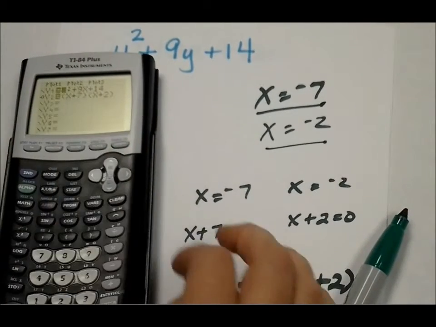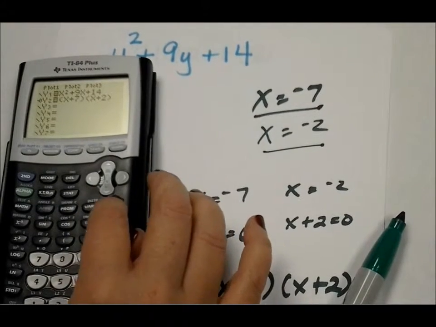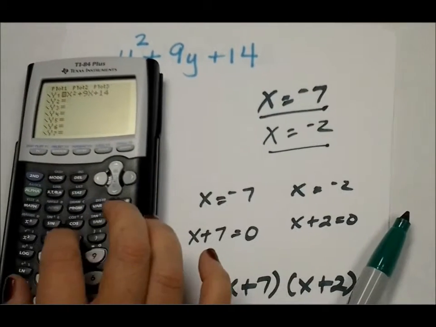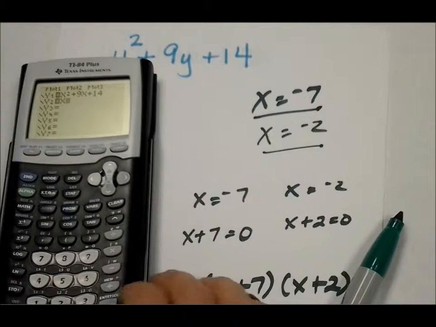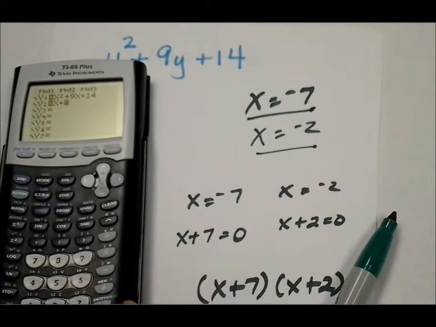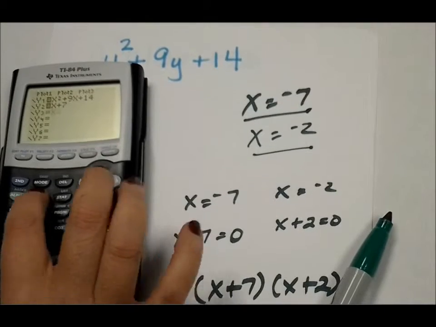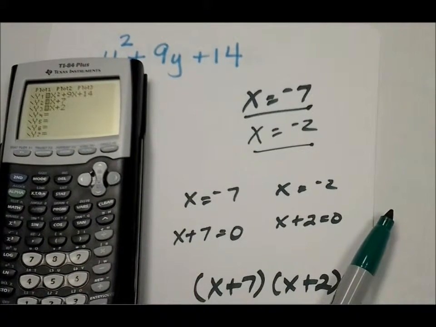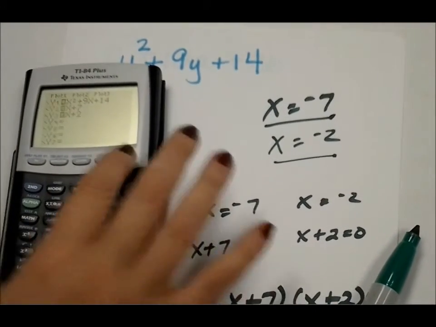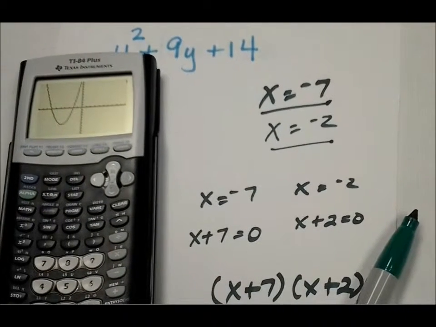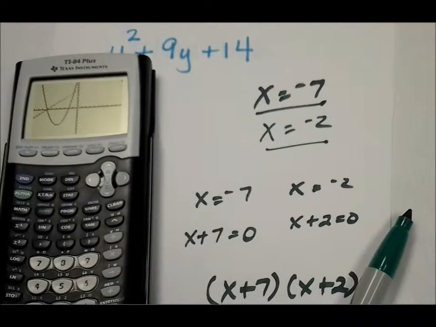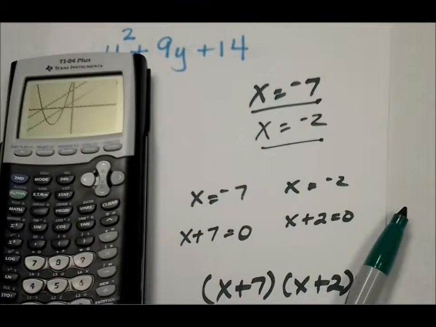The other option I can also do, which is very interesting for the kids, I'm going to clear this one out, is I can put in the linear format of this. So I'm going to put it into my y2 and my y3. And what this will do is show you that those linear equations cross at the zeros.